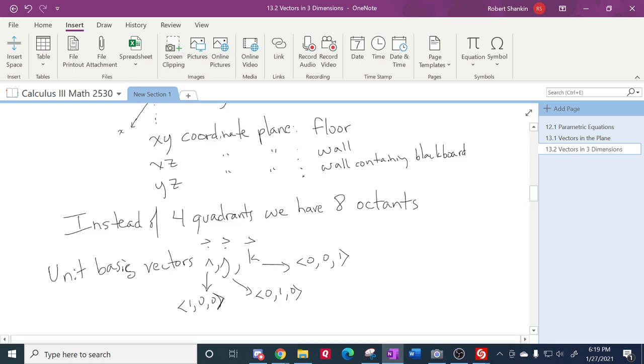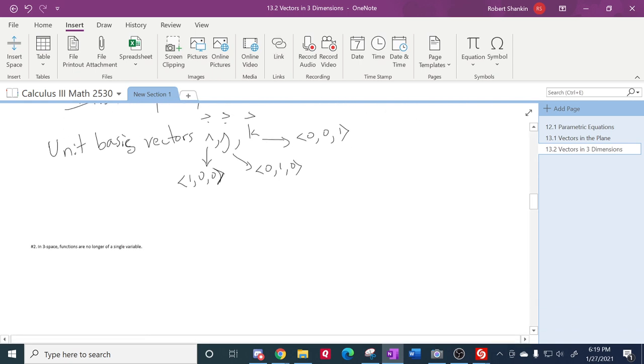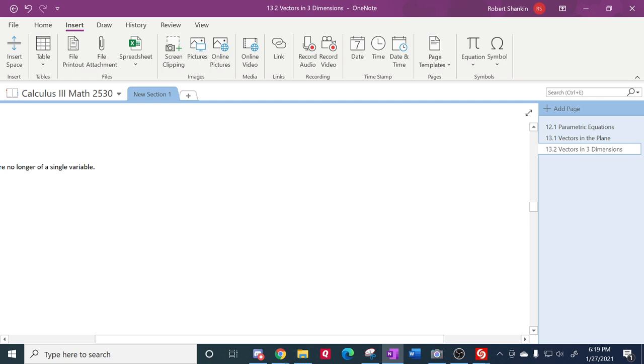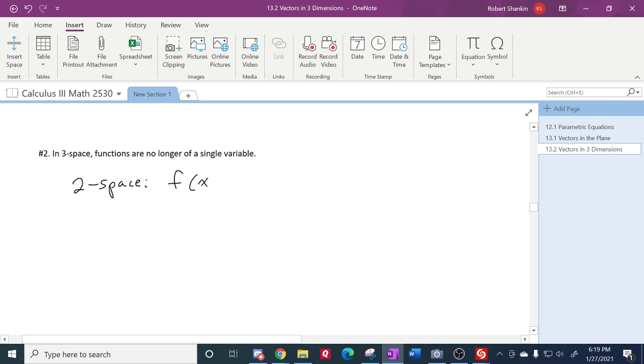Alright, let's come on down to 3 space. Functions are no longer of a single variable. In 2 space, our functions look like this.